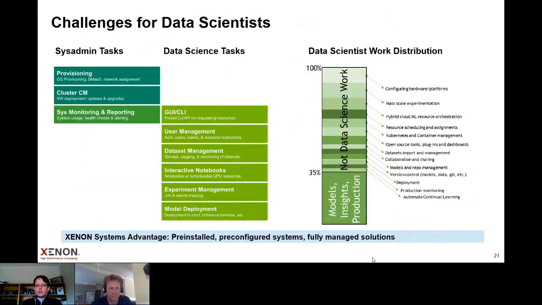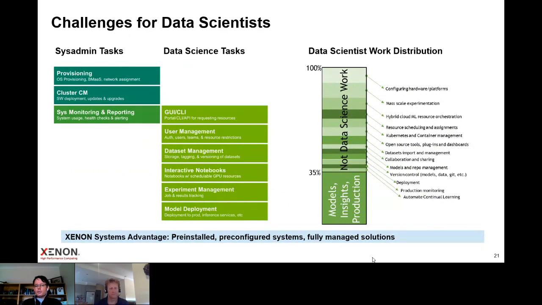The challenges for the data scientists are really that, on the one hand, there's a lot of work involved in just getting the systems and the infrastructure up, and that's exactly what the DGX and the software stacks are designed for, to make that really easy, reproducible, and fast to deploy.